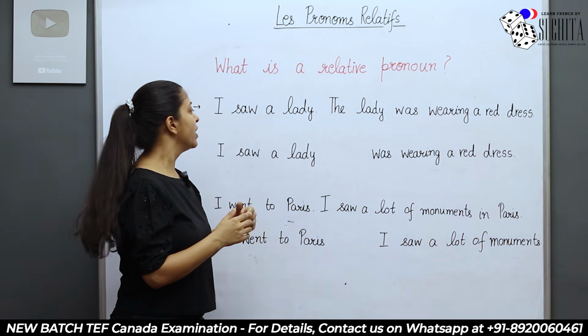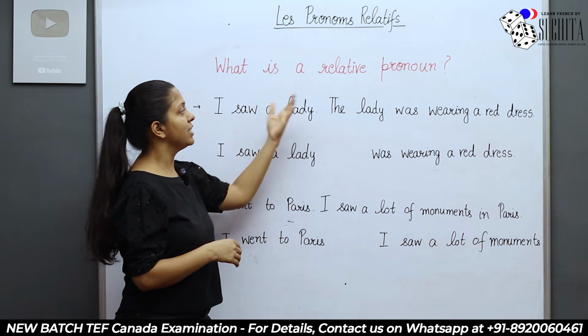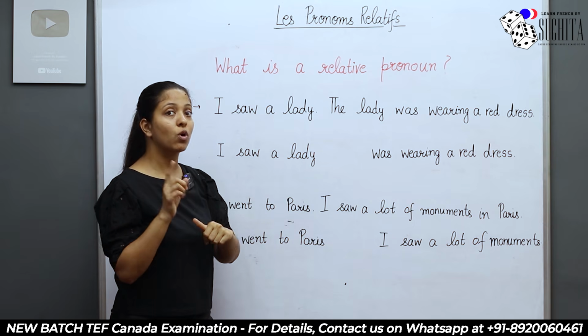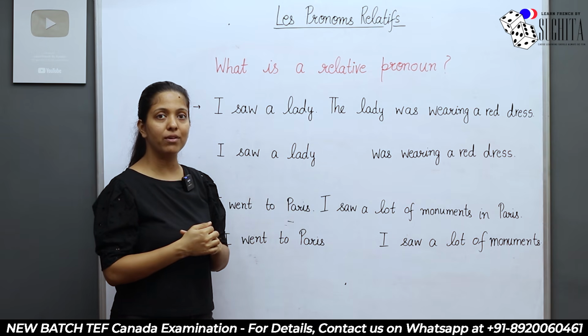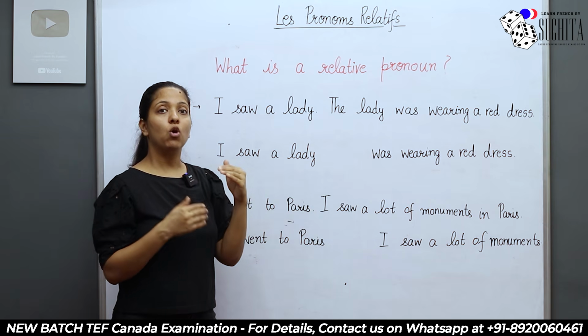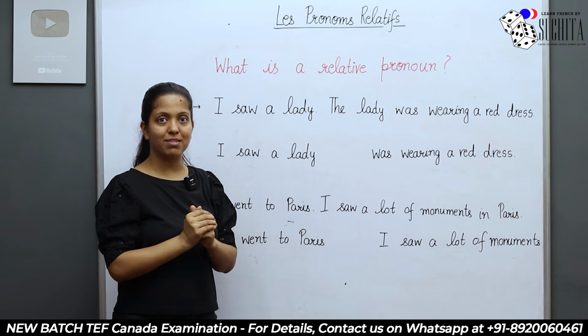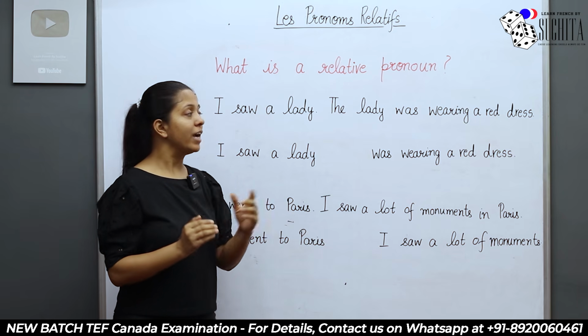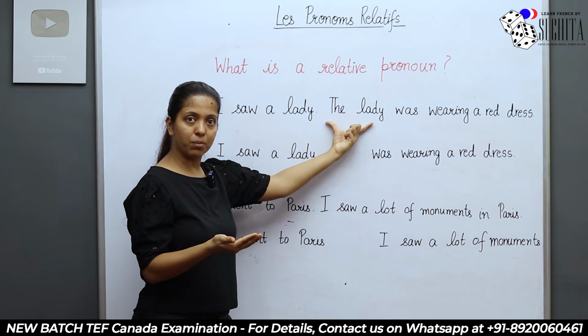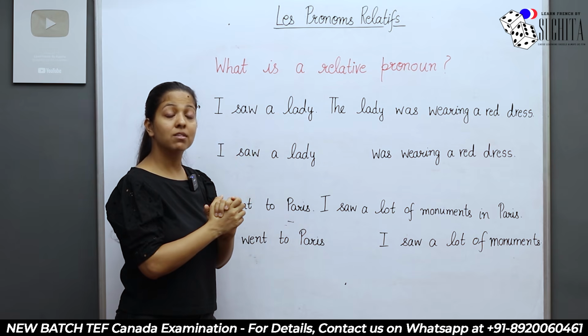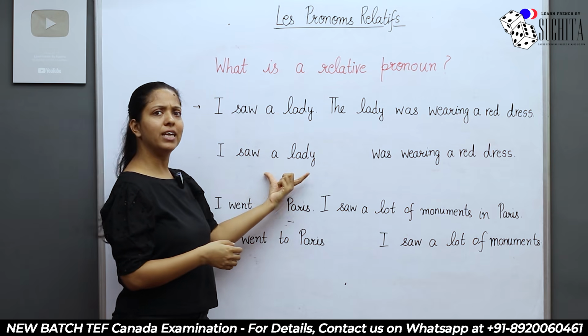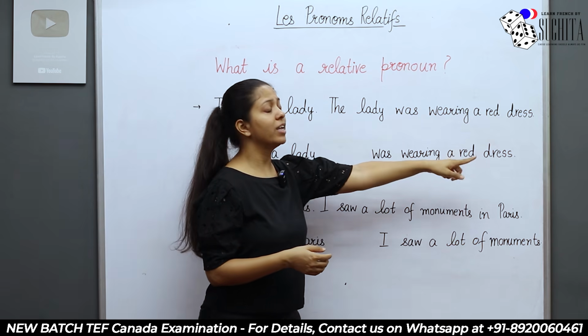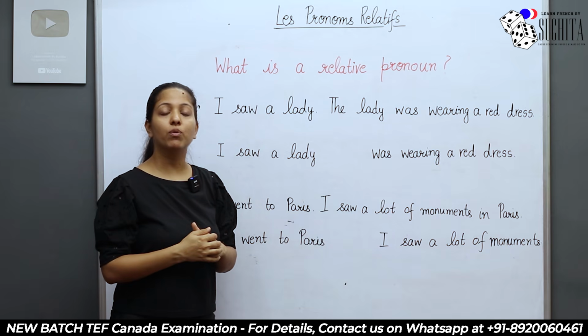So for example, I saw a lady, the lady was wearing a red dress. What is the repetition in the second sentence? The lady. Now, what word should I introduce so that I avoid writing the lady, which is the repetition, and I join the 2 sentences? I saw a lady dash was wearing a red dress. Now just think, what would you say?